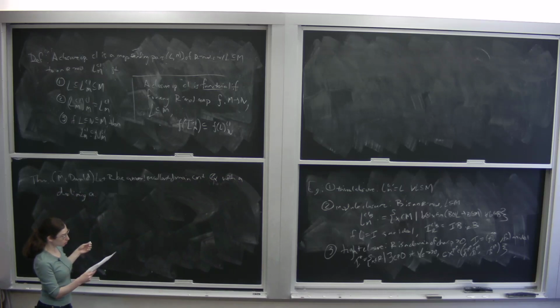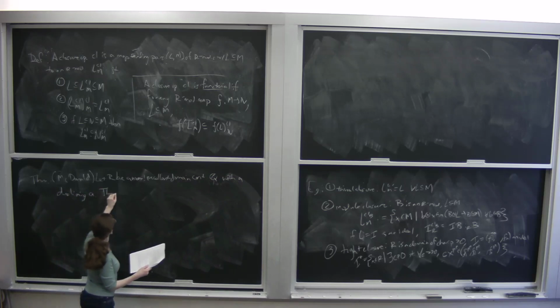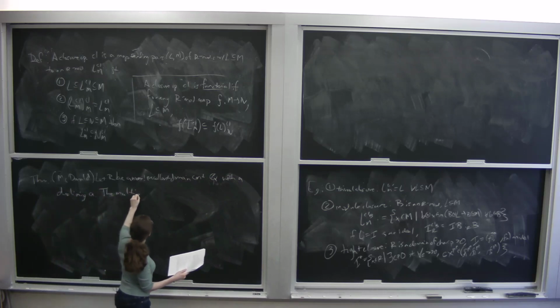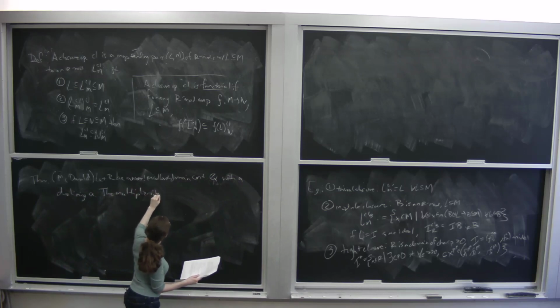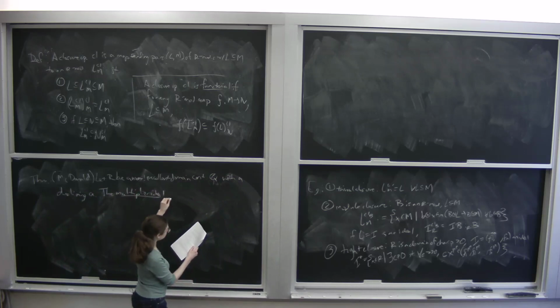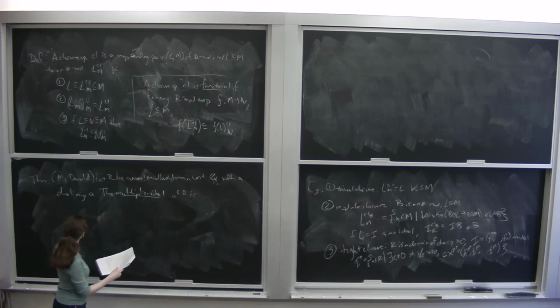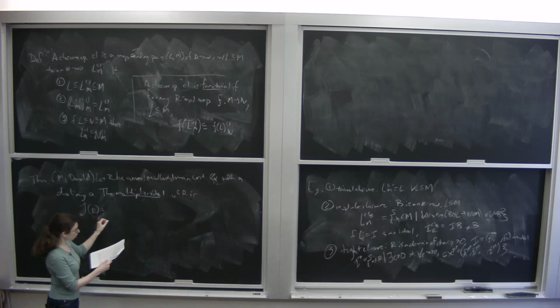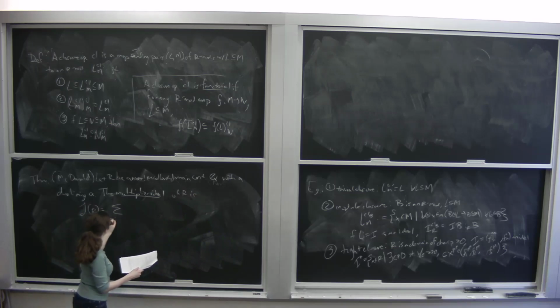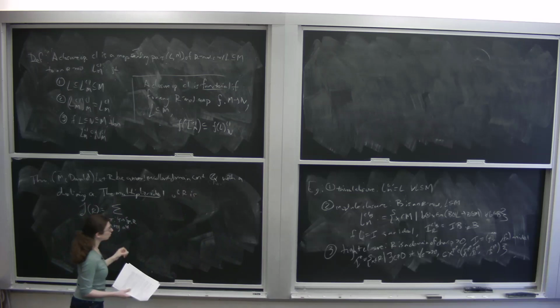So in this case, the multiplier ideal is going to be given by the following. So fancy J of R will be the sum over regular alterations.